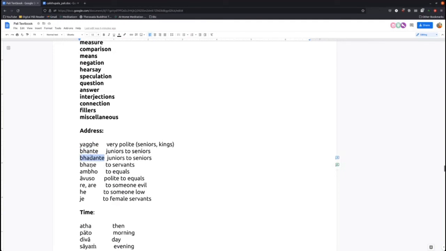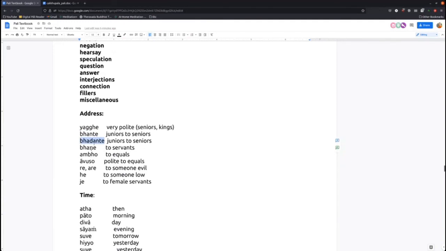It's kind of declined from Badanta. Bane, you notice they all end in A, and so they're kind of just words that have formed over time in the vocative. So they are kind of a declined form of something. Bane, these are words you use to call people.